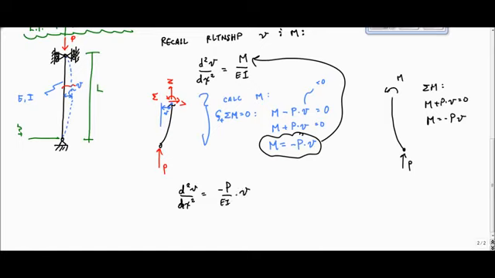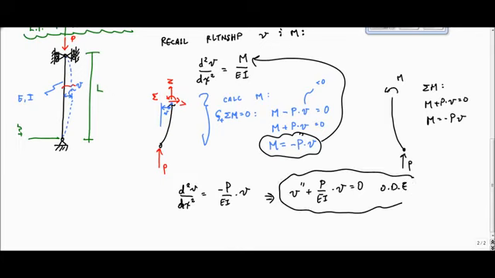Using what you learned in differential equations, this becomes v double prime plus P over EI times v equals 0. This is an ordinary differential equation, a linear ordinary differential equation, and it's second order.